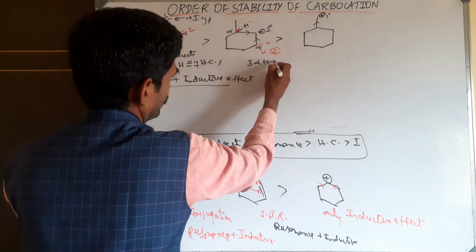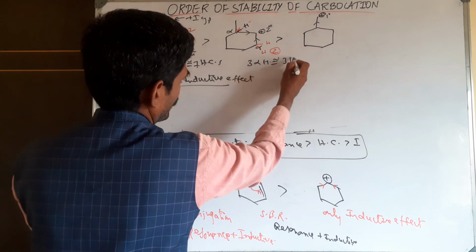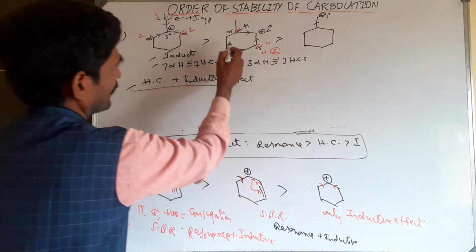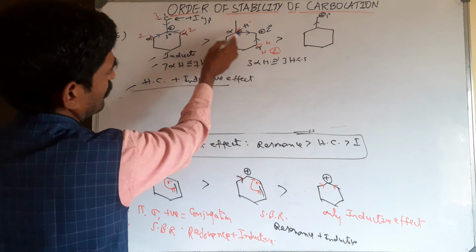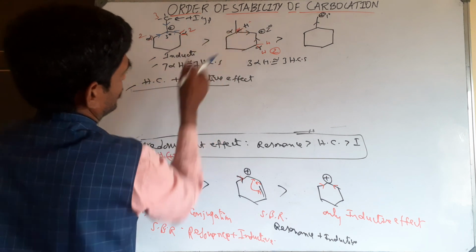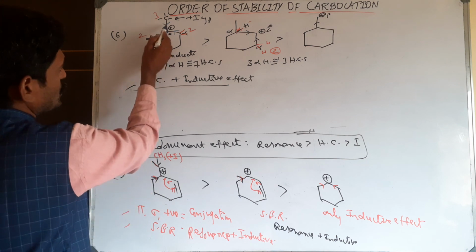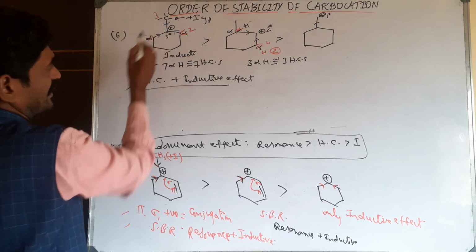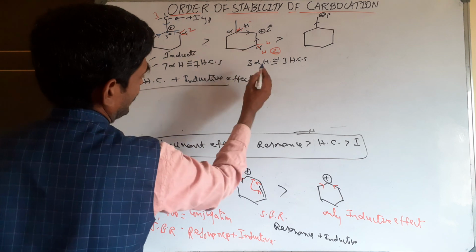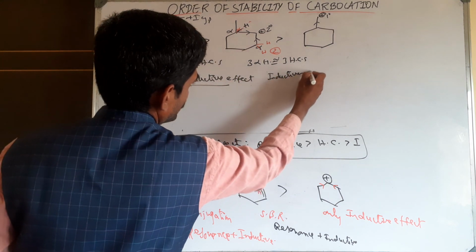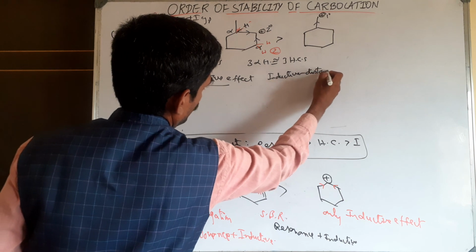So that's why it can form 3 hyperconjugated structures. And then the inductive effect is happening, but it is somewhat distant. The inductive effect depends on distance, right? It is directly attached to the tertiary carbocation through a methyl group, but its distance is more. So the inductive effect is also operating, but the distance is more in this case.